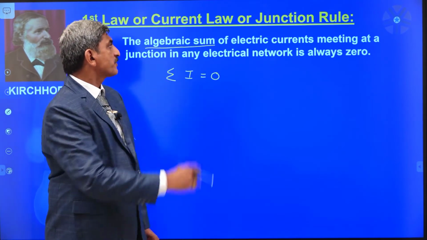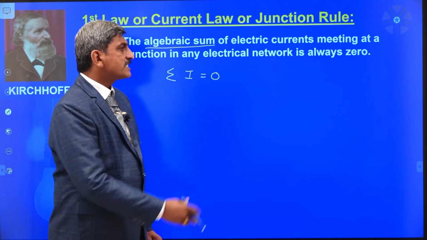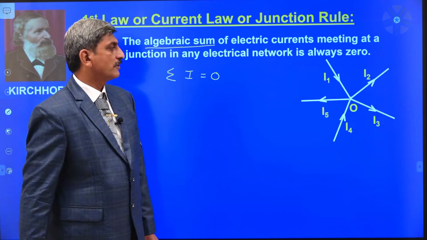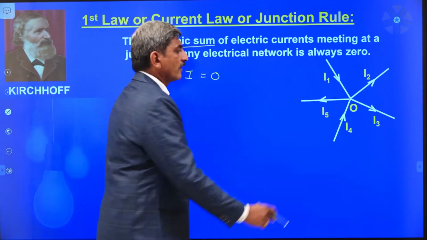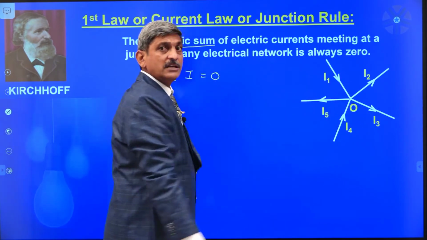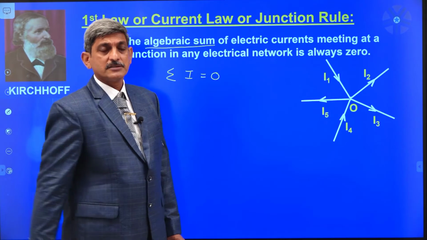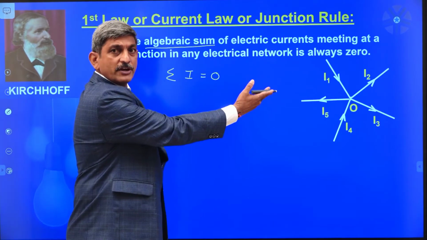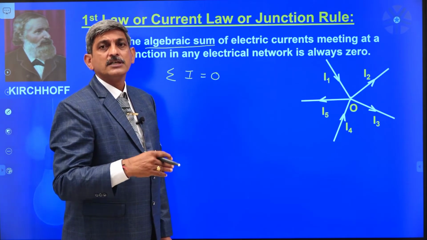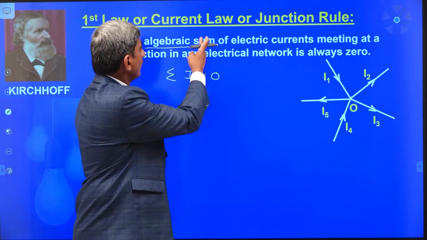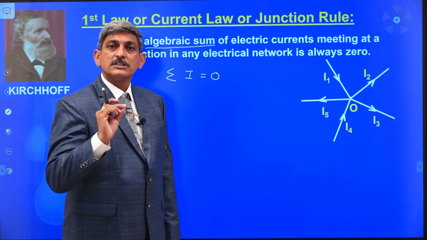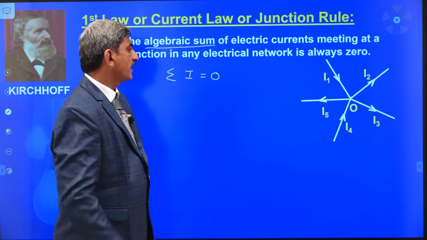Now, to explain Kirchhoff's current law, let us consider the same junction that we studied in the previous example. Here, O is the junction, and there are 5 currents in the 5 branches. 2 currents are flowing into the junction, and 3 currents are flowing away from the junction. Whenever we are applying this method, we have to follow a sign convention. See that sign convention.